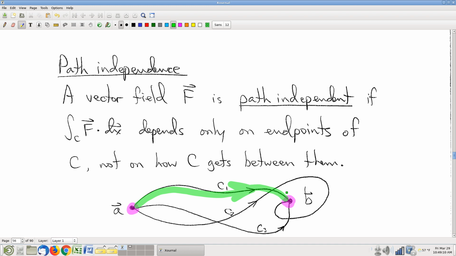I could talk about the line integral of that same vector field along that curve. Or I could talk about the line integral of that vector field along that curve. There's a bazillion different curves that you could use to get from the agreed upon starting point A to the agreed upon ending point B.